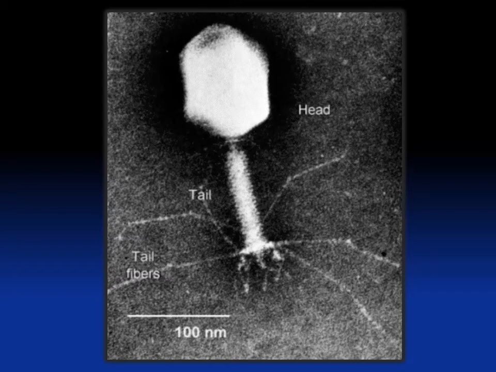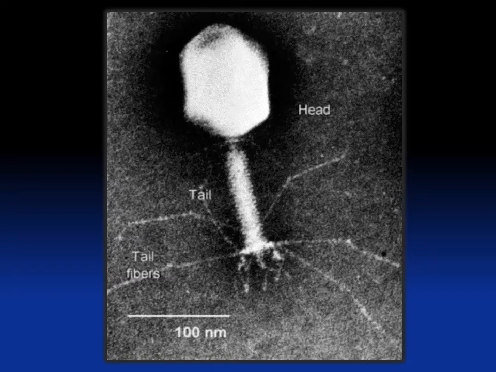Now, as you can see here, the spherical structure forms the head, and then there is the helical structure, which ends with the tail, and the tail contains very sharp structures. As you can see here at the end, these structures resemble knife-like structures.